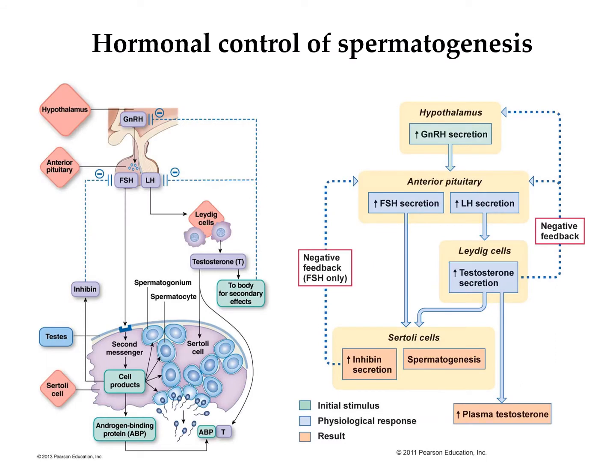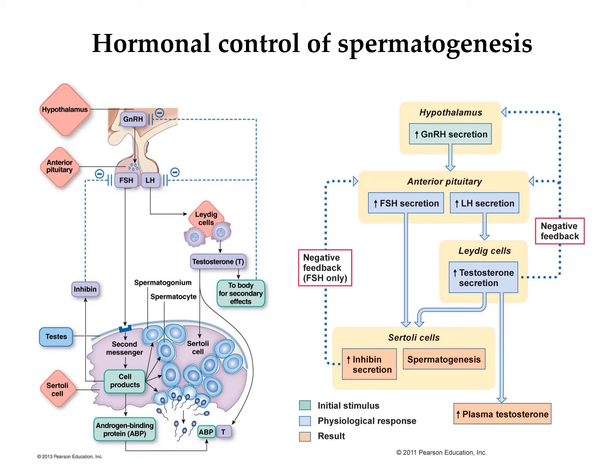This is the hormonal control of spermatogenesis. Essentially, I would ask you to focus on the right side, where an increase in gonadotropin releasing hormone leads to an increase in FSH and LH, as we have talked about with the HPG axis. FSH will target the Sertoli cells and initiate spermatogenesis.